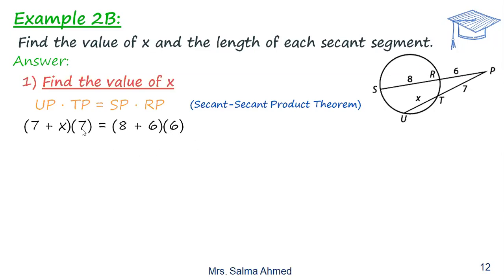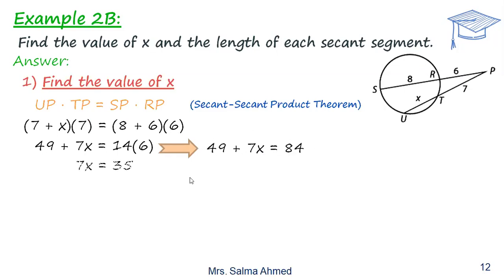Okay, I'm going to distribute, 7 times 7 equals 49, and 7 times x equals 7x, equals 8 plus 6, which is 14, times 6. Then I'm going to multiply 14 times 6, so 49 plus 7x equals 84. I'm going to move 49 to the other side, so 7x equals 35. By dividing 35 by 7, x equals 5.